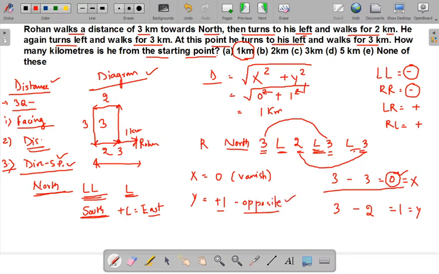What do I mean by that? What is the original direction of x? The original direction of x is the direction in which Rohan started moving initially, which is north.